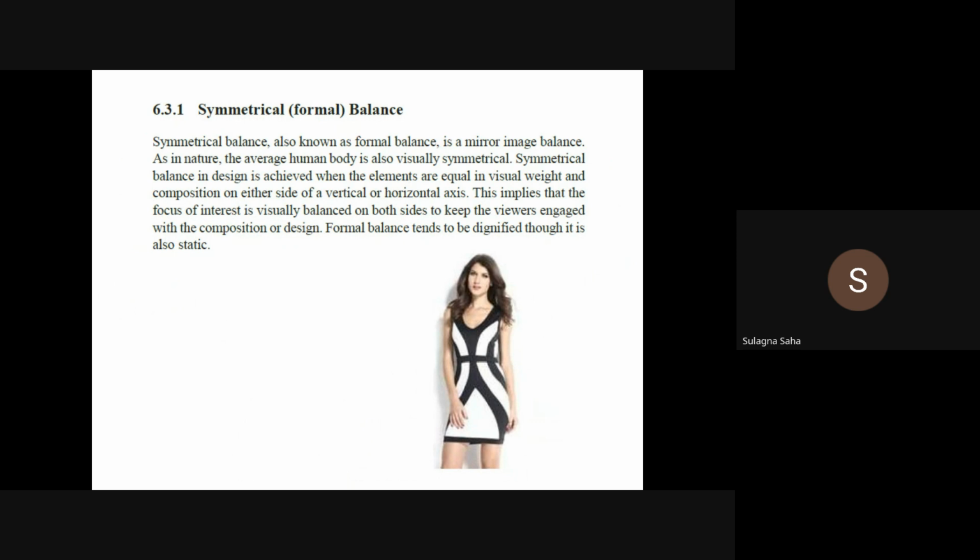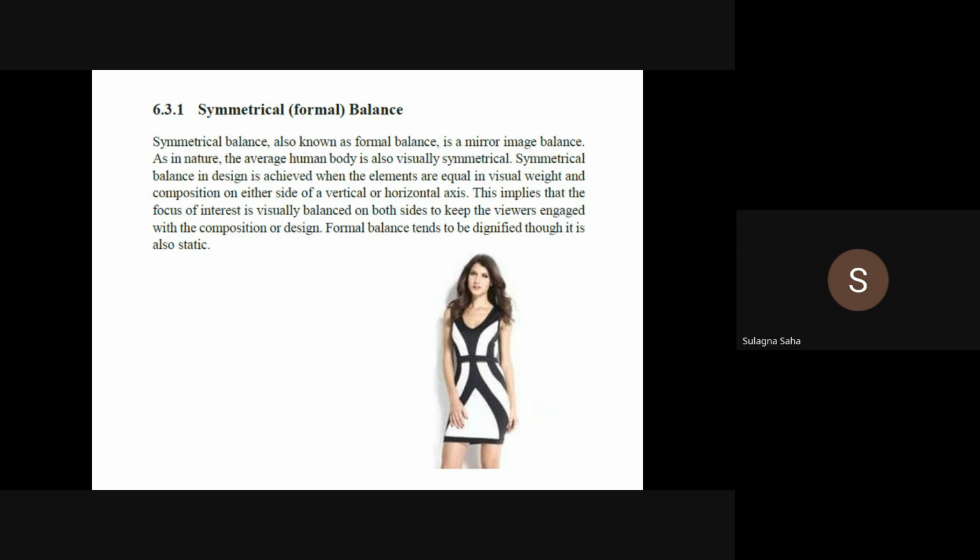Starting with symmetrical balance, it is also known as the formal balance, and it's a mirror image balance. If you look at nature, the human body itself is also centrally symmetrical. It's a visually symmetrical body. So the idea is to achieve symmetry so that elements are equal in visual weight, with the composition on the other side of the horizontal or the vertical axis.